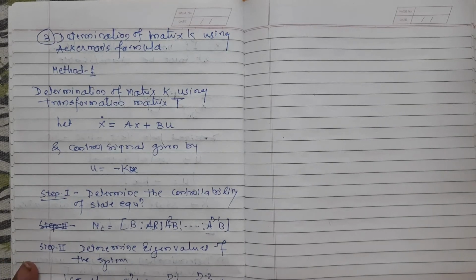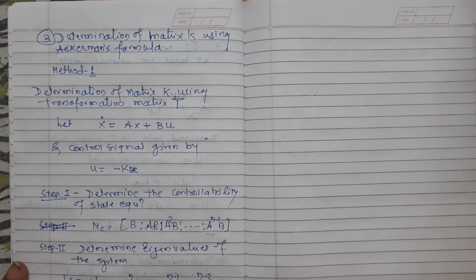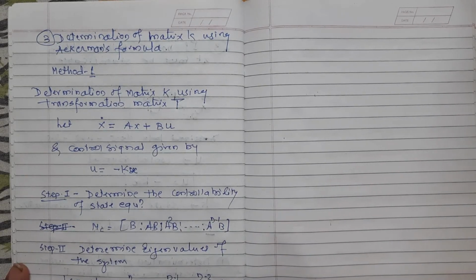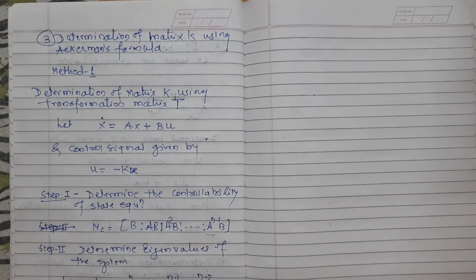Here we take a1, then a2 up to an. an is only the value, no s term is there.